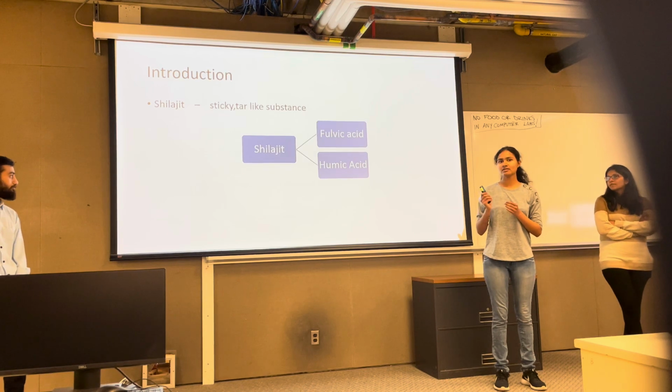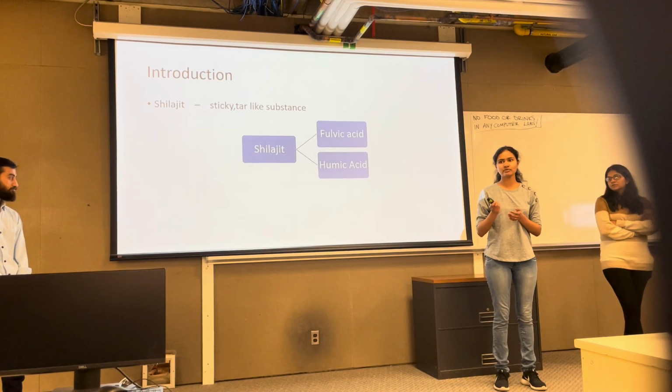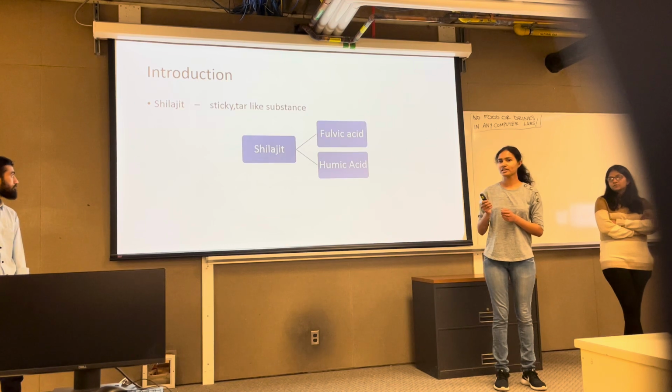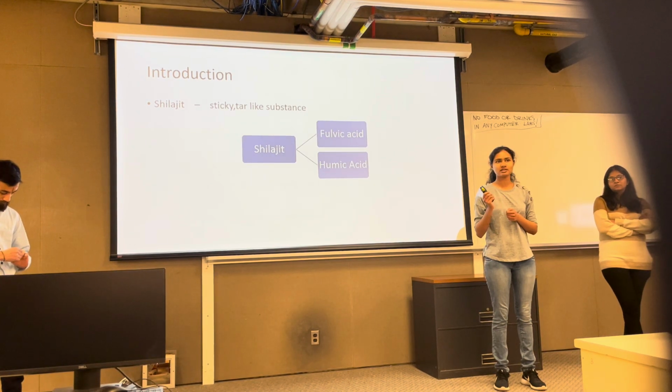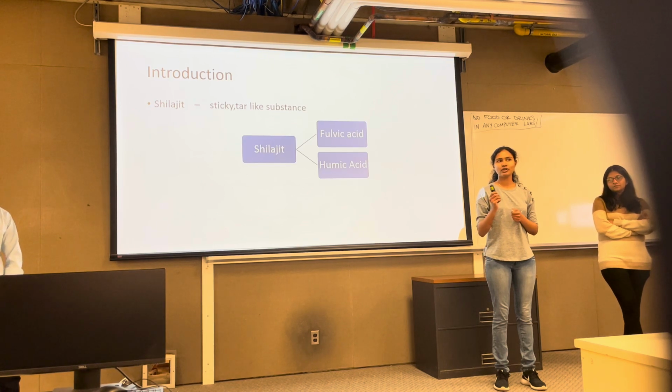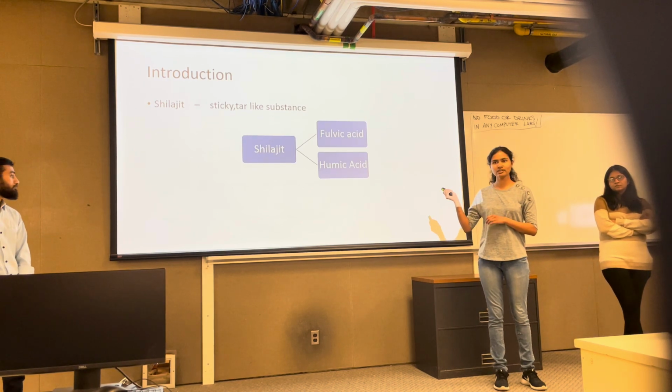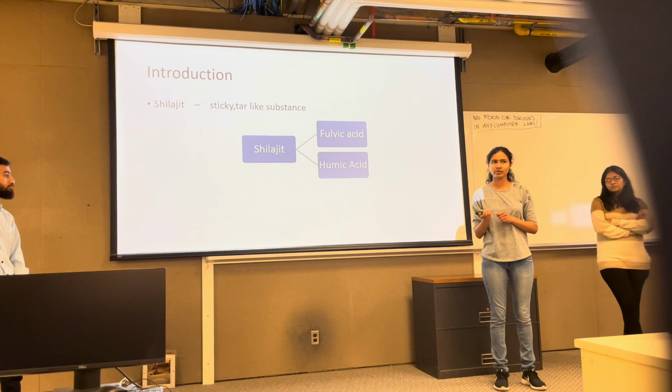Shilajit has its own health benefits, which makes it a good thing for consumption. Shilajit consists of 2 forms of humic substances: one is the fulvic acid component, and the other is the humic acid component.